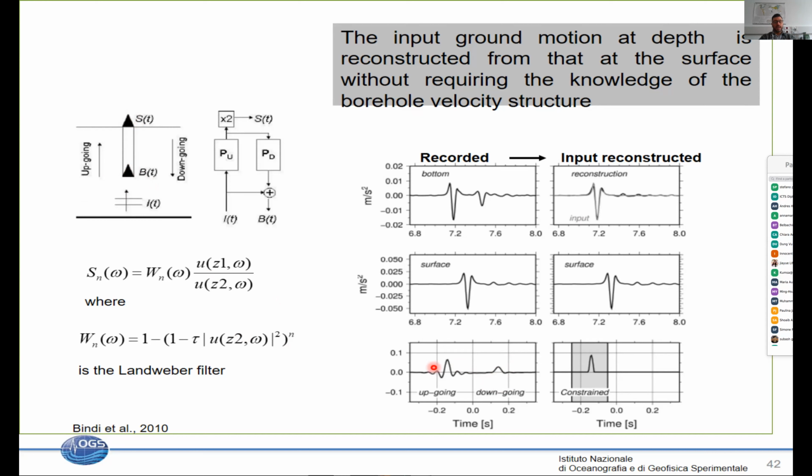And this allows us to clean the recording at the bottom so that we can use it then for numerical simulation. So these tools can be really powerful in this sense because they can provide good input motion for numerical simulations of buildings.